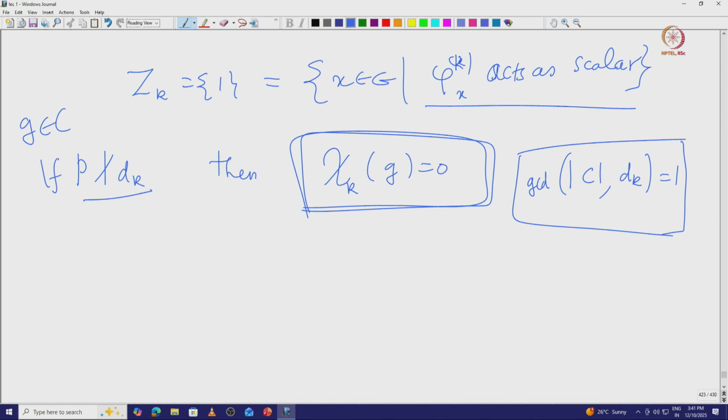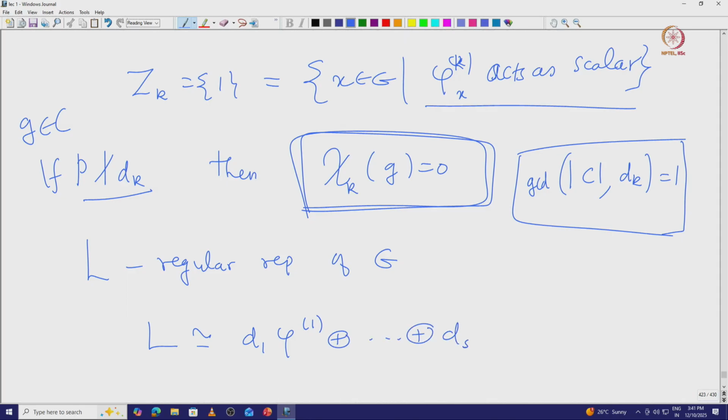Using this, we can take L to be the regular representation of G. Now, we can decompose L into d_1 phi_1 direct sum etcetera direct sum d_s phi_s. We already proved that the multiplicity of phi_i is exactly the degree of phi_i, which is d_i.